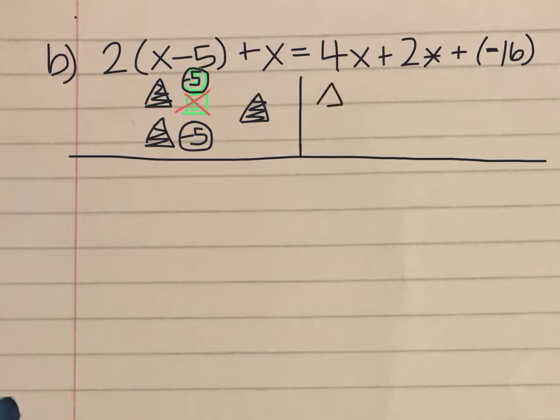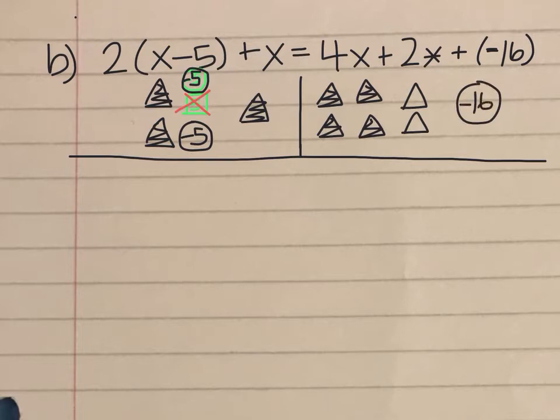On the right side, I have 4 x's and 2 stars and then 16 negatives. So I think I'm going to begin with 0 pairs because I've got 1 0 pair here and 1 0 pair here.